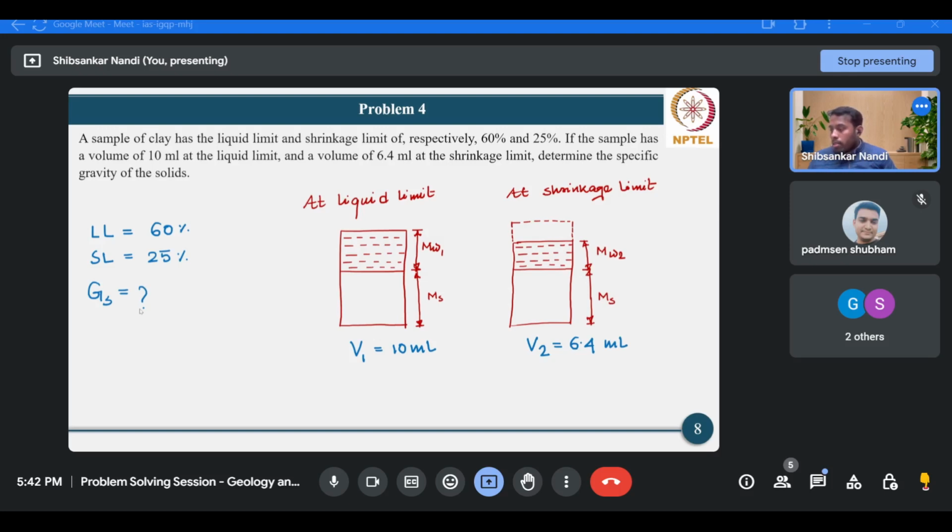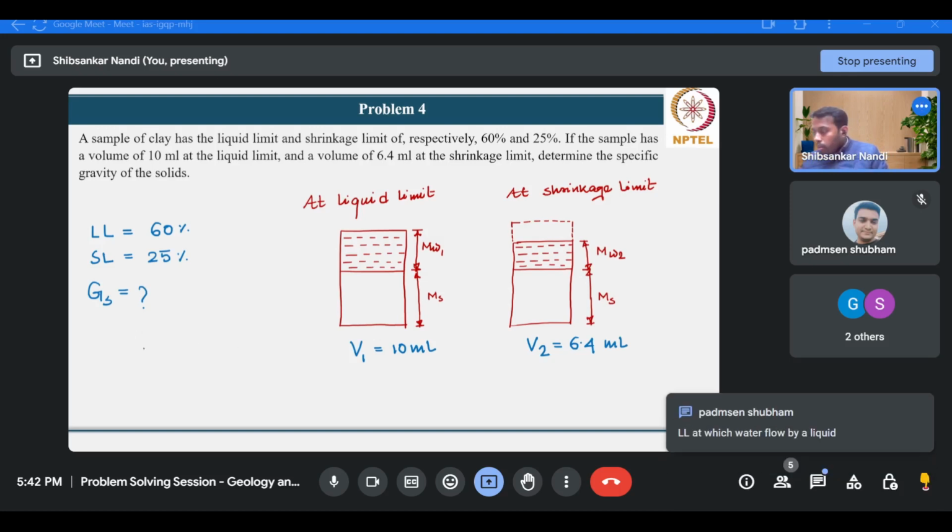What are these limits? Okay, so I think you all are familiar with this.